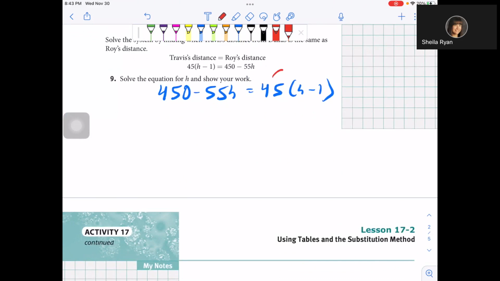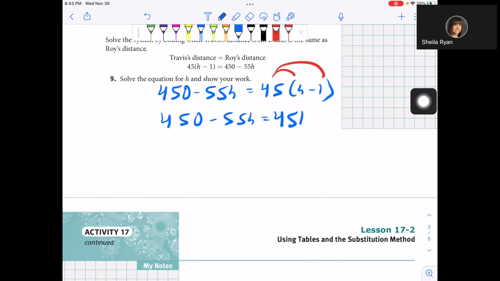So we would first distribute. We have 450 minus 55h. 45 times h is 45h, and 45 times negative 1 is negative 45.